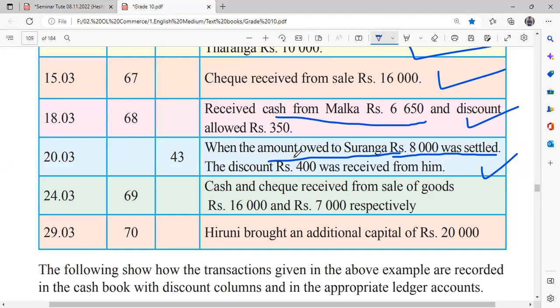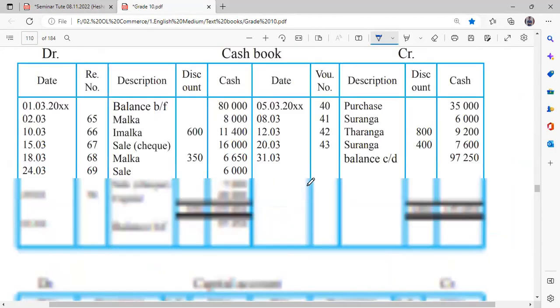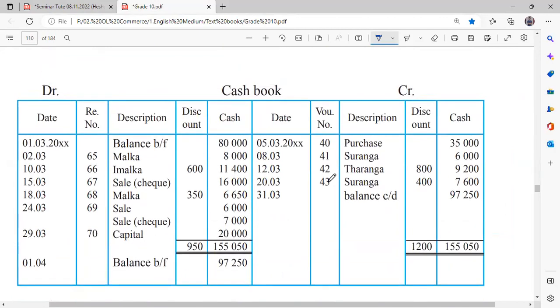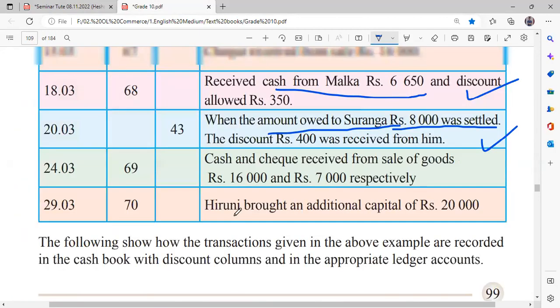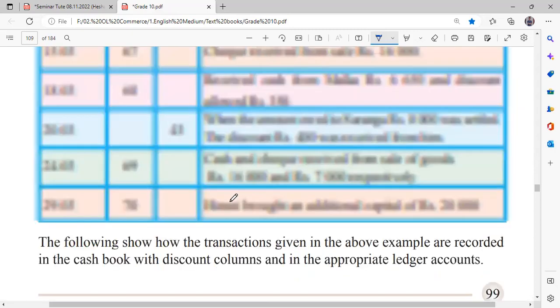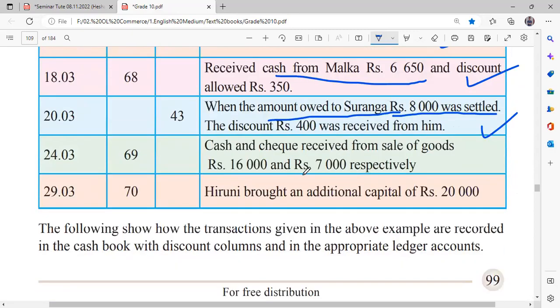Cash and check received from sales of goods 16,000, 7,000 respectively. We receive cash for our sales 16,000 and also checks 7,000 respectively. Now in here, though they have mentioned 16,000, they took it as 6,000.